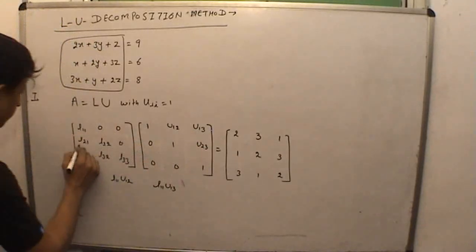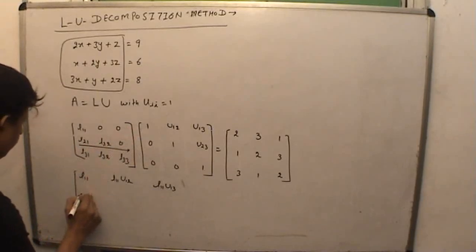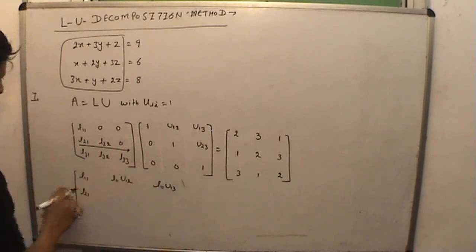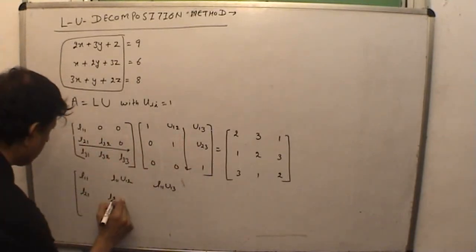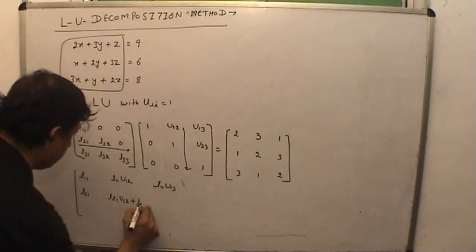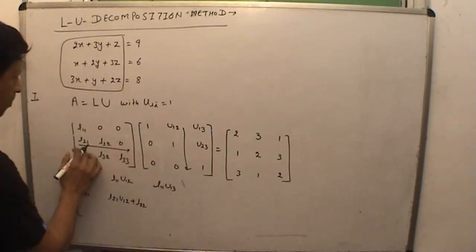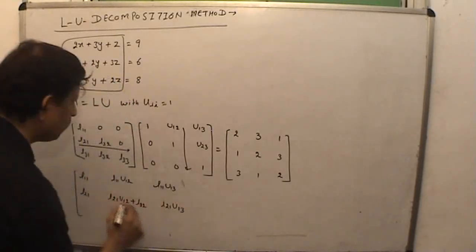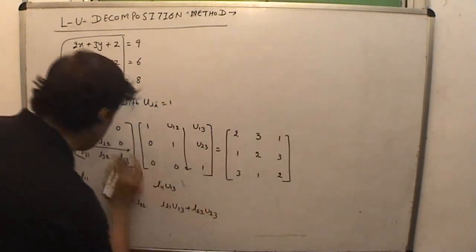After that we pick up the second row with the first column: L21, the other products are 0. Then second column: L21 U12 plus L22, and the last is 0. Then second row, third column: L21 U13 plus L22 U23.